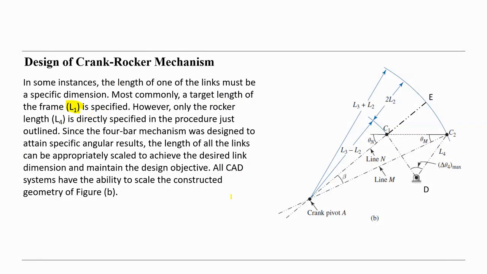Why L1? Because we want to locate these mechanisms somewhere, and therefore we have to install them somewhere in the machine. This distance here is given by the machine. This is the L1.